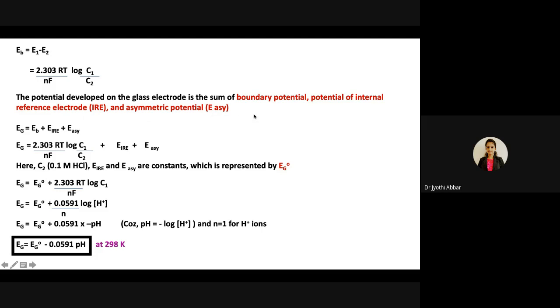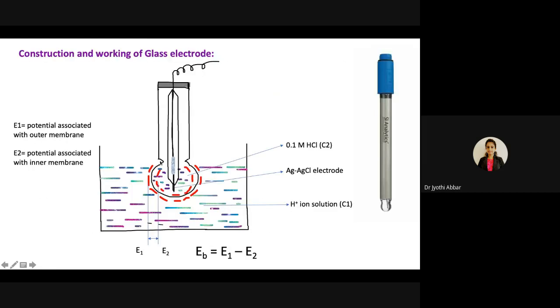So what is this asymmetric potential? I told you all that if the concentration of the H+ solution inside the bulb and outside the bulb is different, then a potential is going to develop. Now, if the concentration of H+ ions is the same on either side of the membrane, inside as well as outside, do you expect any potential to develop across the membrane?